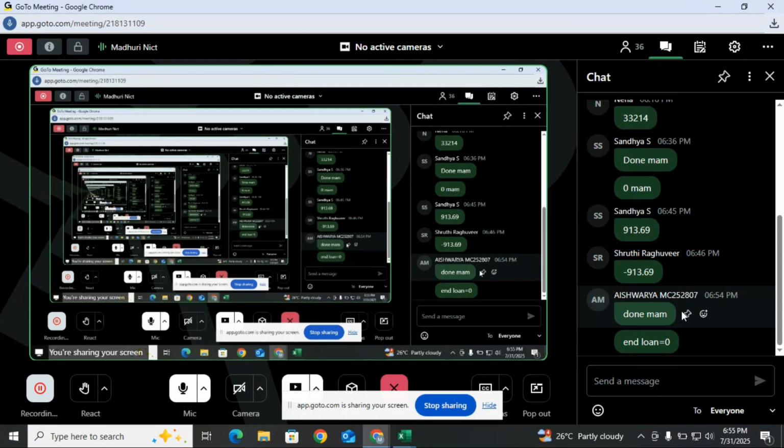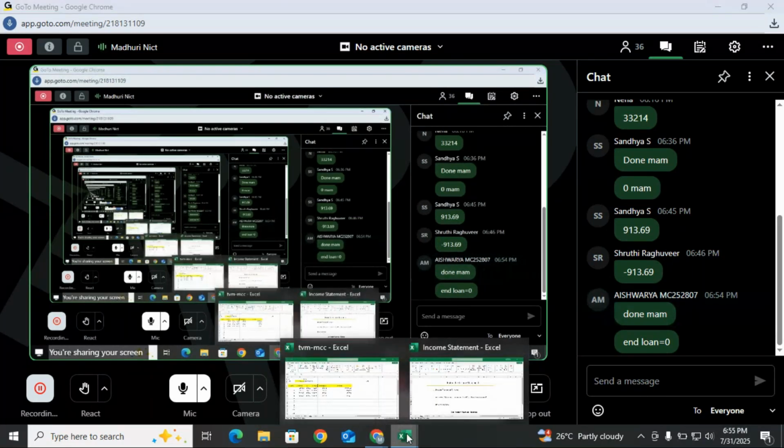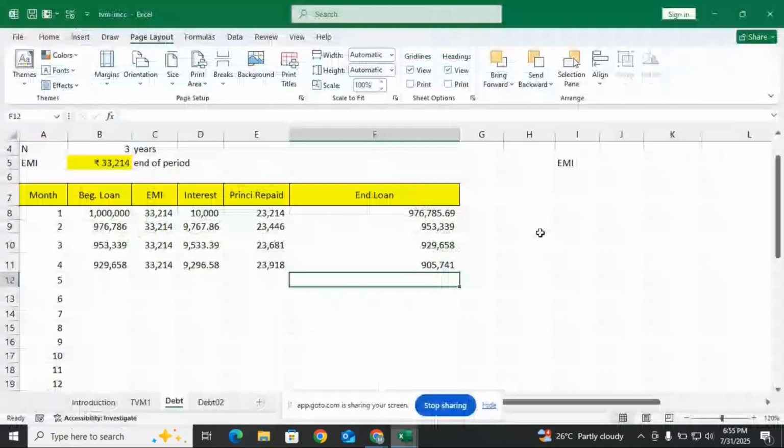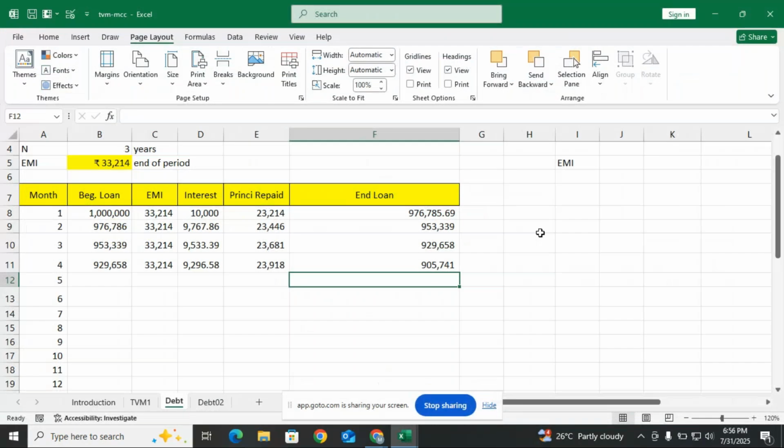In case of decimals, you may get a small amount, but not to worry. So those who are doing it, please work on it. Another 5 minutes, then I'll start with the income statements in Excel in financial modeling.